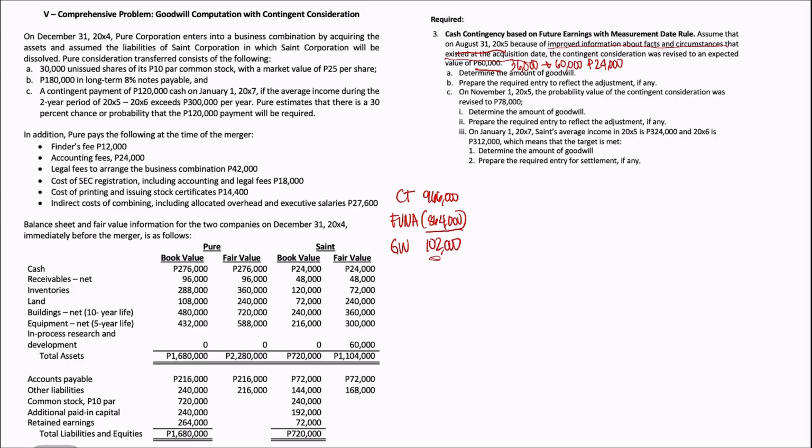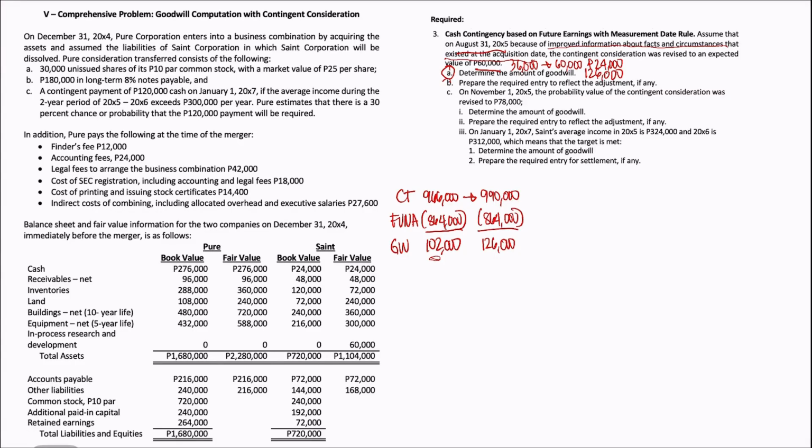But with the increase in contingent consideration, our total consideration transferred is now $966,000 plus $24,000, $990,000. Fair value net assets is still $864,000, but goodwill is now $126,000. That's the answer to letter A.